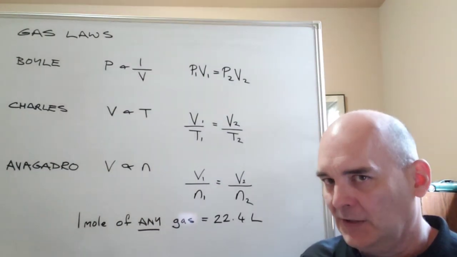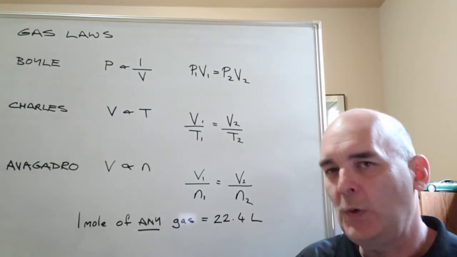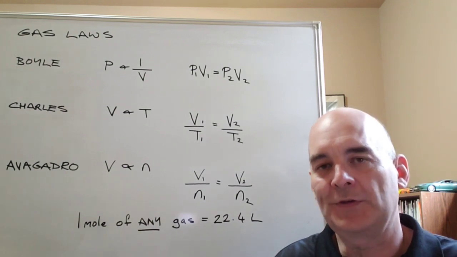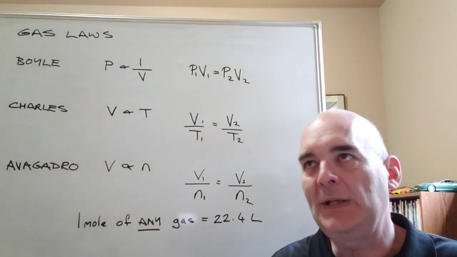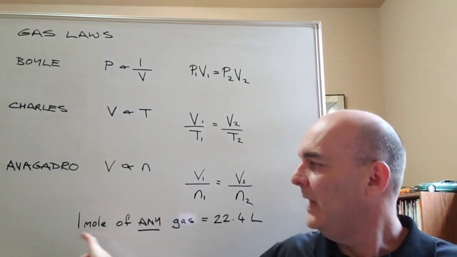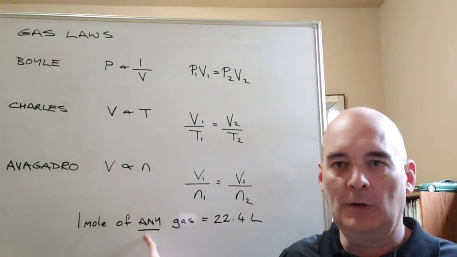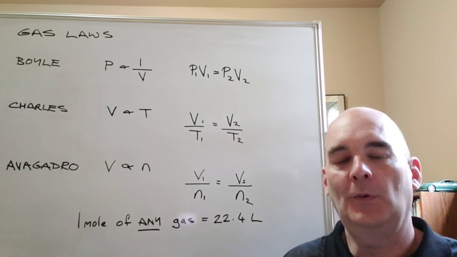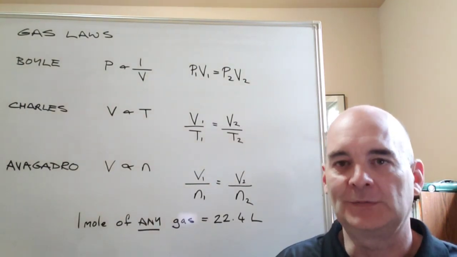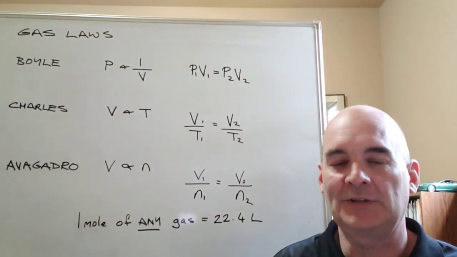Avogadro further tells us, and this is important because remember, the distance between gas particles is immense in comparison to the size of the gas particles, that all gases behave fundamentally the same way, and that 1 mole of any gas at all occupies 22.4 litres at something called standard temperature and pressure, which is 1 atmosphere and 0 degrees Celsius, but again, we won't be measuring that in Celsius.